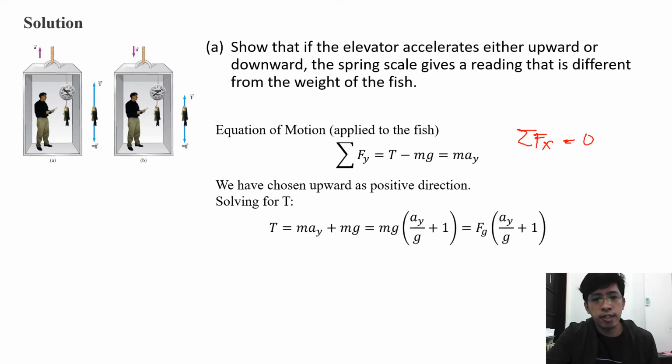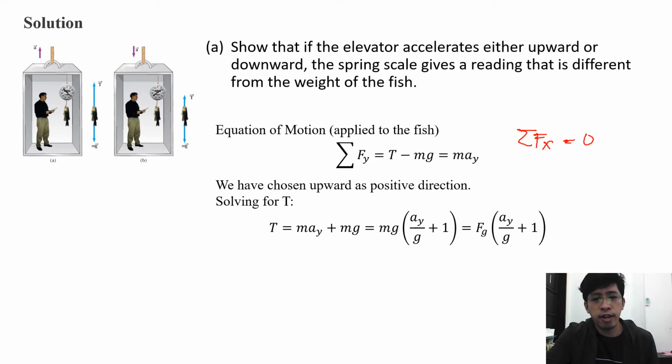So that is just from your equation of motion. Your T is equal to your mass times acceleration along the y minus your mg. So we just move your mg term to the right. So you have T is equal to may plus mg. And taking out mg in the term, we have mg times (ay over g plus 1).